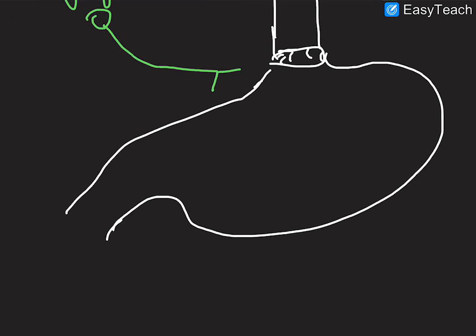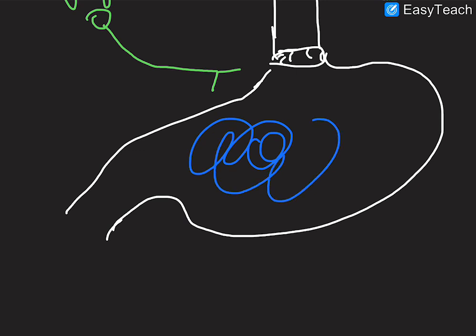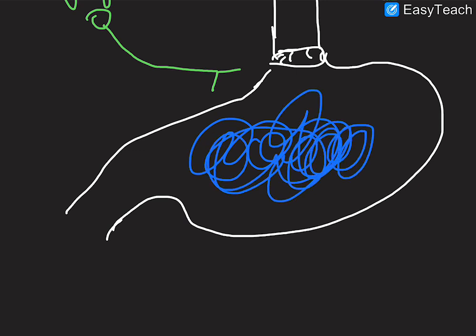So if there's a bunch of food, a bunch of chyme, in your stomach, the vagus nerve helps increase peristalsis because we know it stimulates your myenteric plexus. So it increases peristalsis and gastric emptying. The vagus nerve helps promote gastric emptying, peristalsis, and digestion.